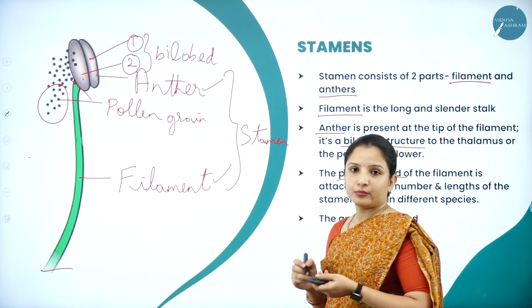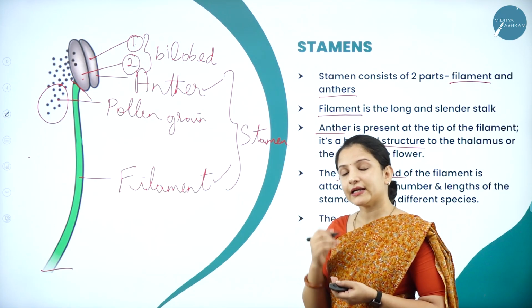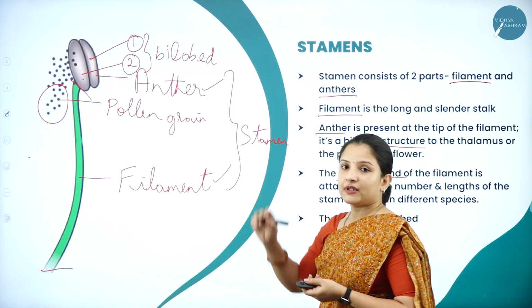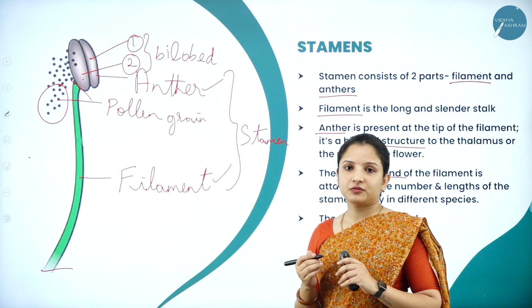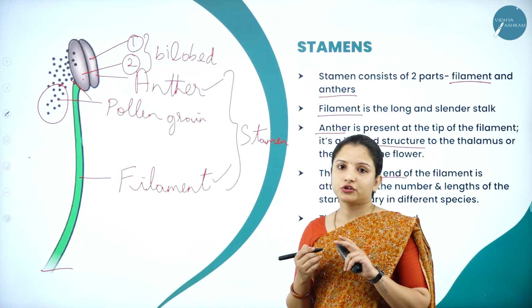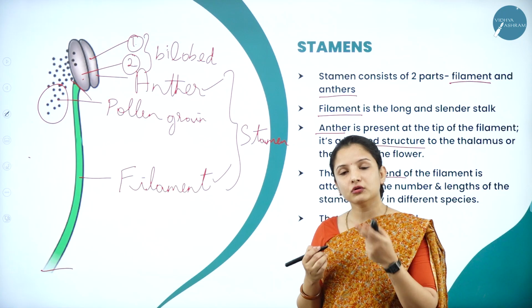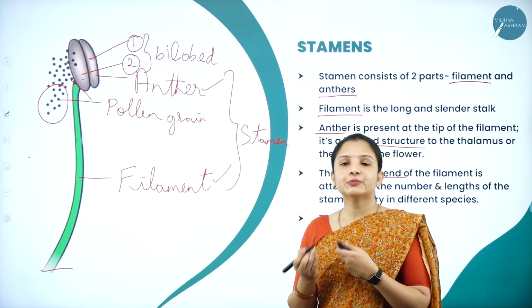And not just the number of anthers, even the length of the anther also varies. Why does the length of the anther vary? It is because the length of the filament is different in each species of flower. Some flowers may have 2 short filaments and anthers. The other flowers may have 2 longer filaments and 2 shorter filaments. Like this, it keeps on varying.